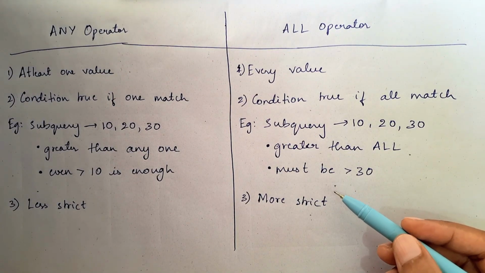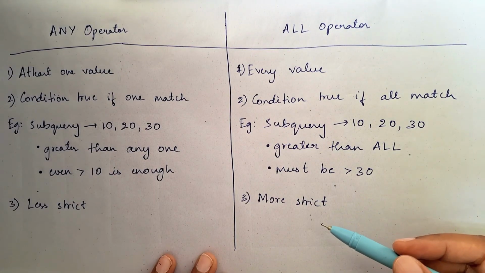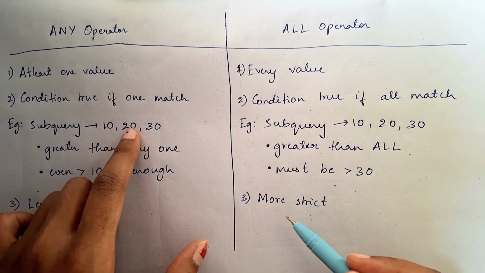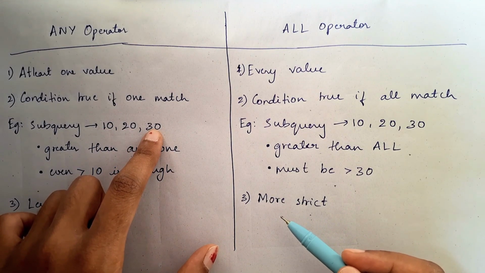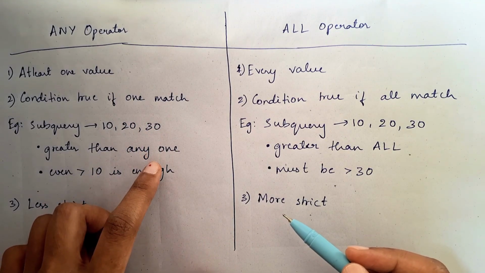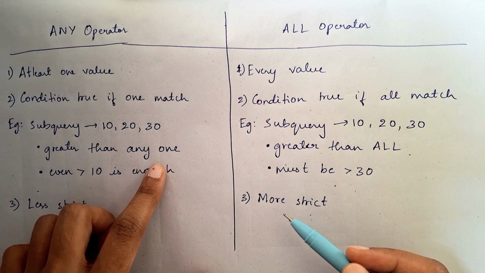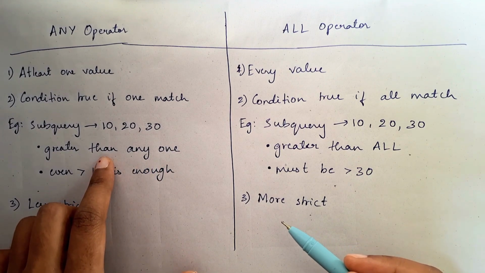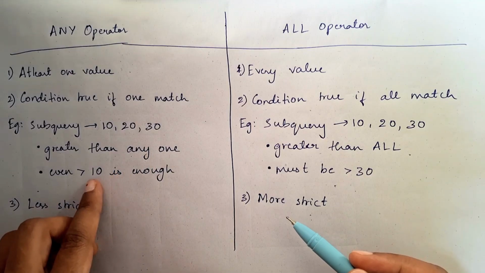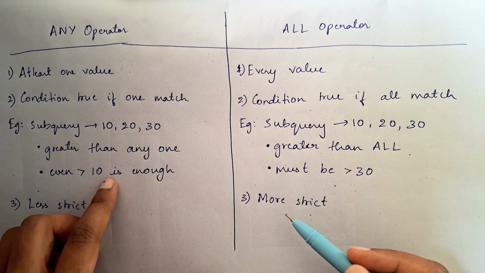Let's take a quick example to understand this better. Suppose the subquery returns 10, 20 and 30. Now if we write salary greater than any and inside the bracket subquery, that means the salary should be greater than at least one of the values. So even if it's greater than 10, it will be true.